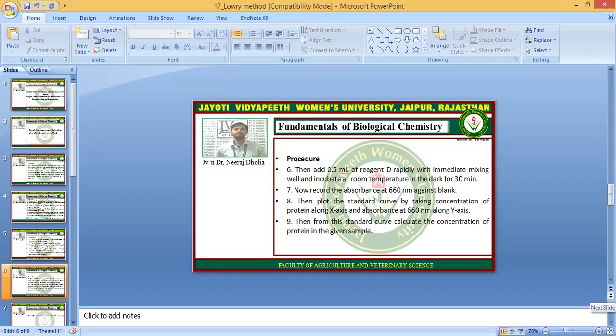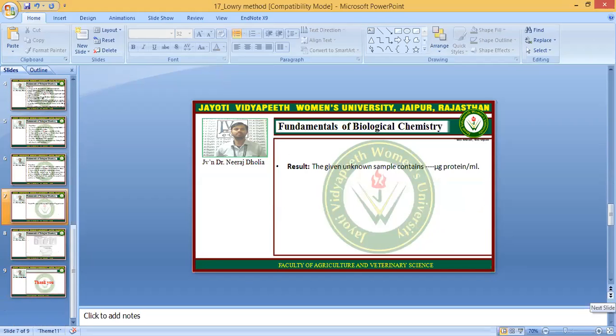Then plot the standard curve by taking concentration of protein along the x-axis and absorbance at 660 nanometer along the y-axis. Then from this standard curve, calculate the concentration of protein in the given sample. So the result will be microgram protein per ml of sample.